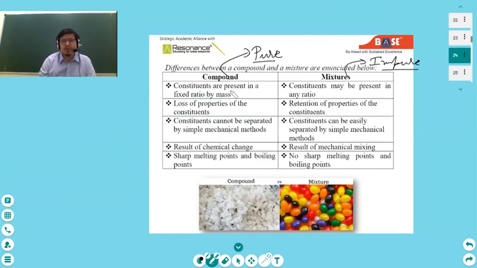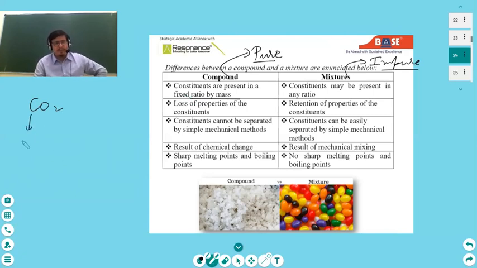In compounds, the constituents are present in a fixed ratio by mass. For example, I'm taking carbon dioxide. Whether you consider it from India, or you go to Uganda, or you go to Zimbabwe, the carbon dioxide formula remains the same, CO2.